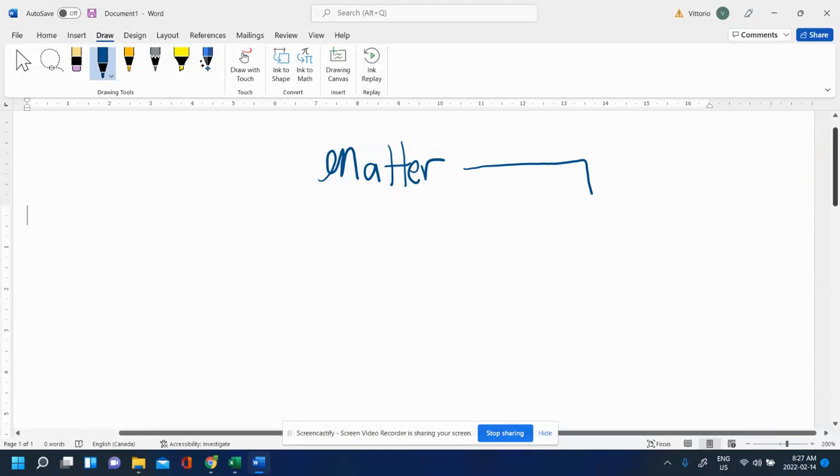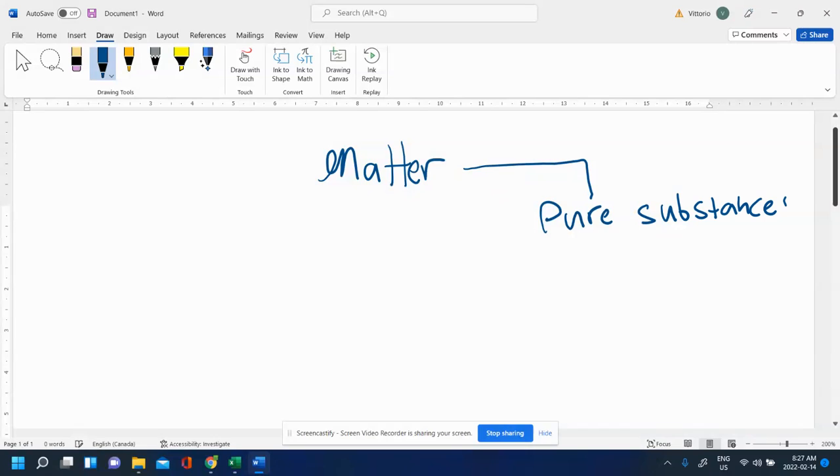You can classify it into pure substances, and the other main category is mixtures. So we have matter that can be either a mixture or a pure substance.